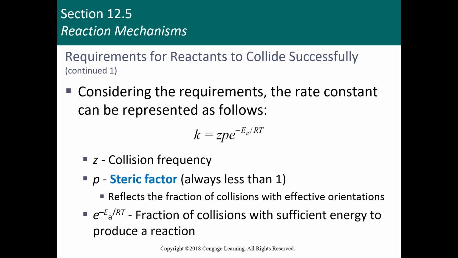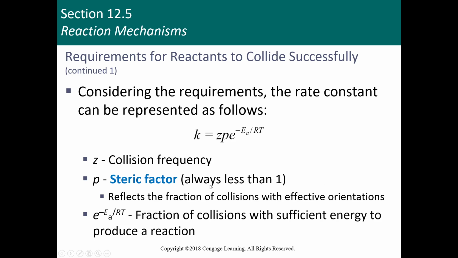So let's take those requirements, and then we can go ahead and make a rate constant based on those. This right here is our rate constant, the same rate constant we saw all those times before. That's the same k. This will equal the collision frequency, which is Z. P will be a steric factor. It'll always be less than 1.